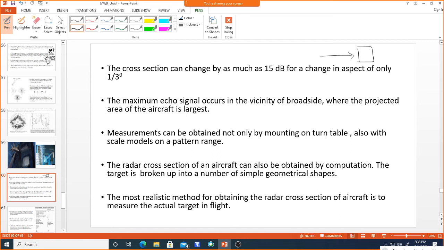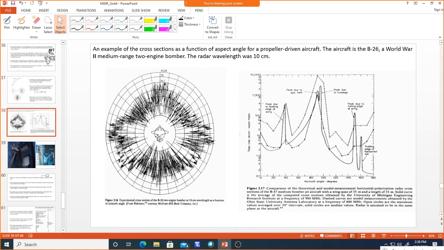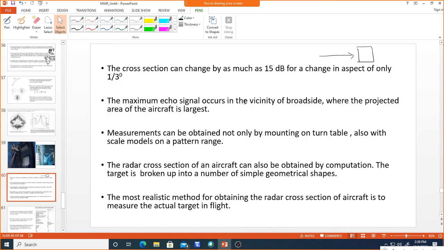You might have heard that one. Broadside means exactly perpendicular to the device on which the signal is incident. Now if you put the incident signal exactly broadside of the aircraft, exactly perpendicular, that is into the paper or into the PPT, then the echo signal which occurs will be the maximum.